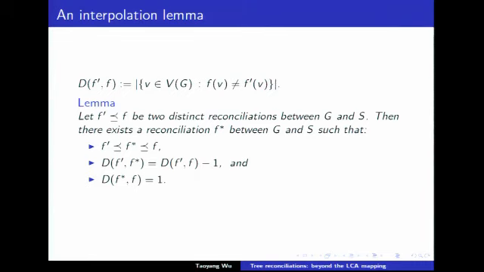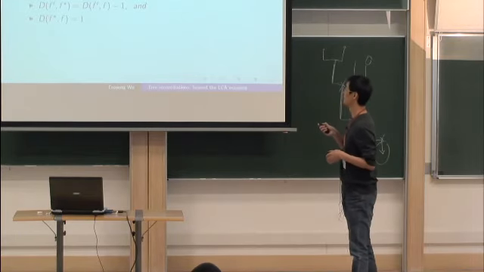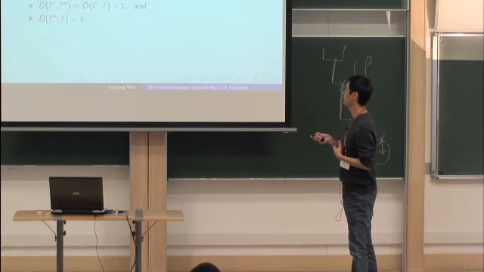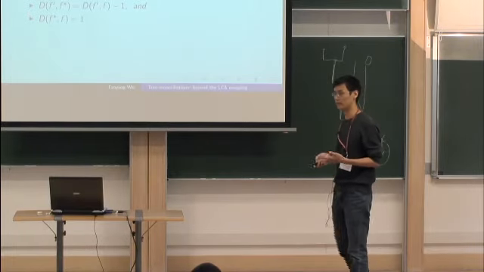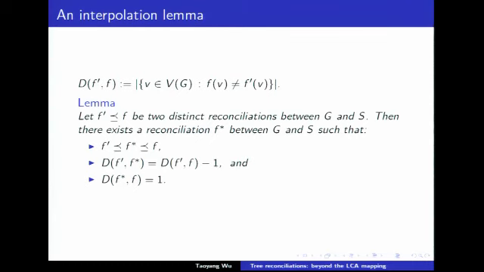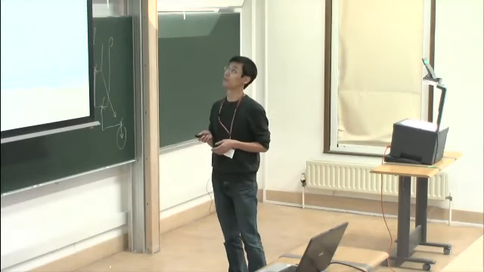And the nice thing is that if F prime is smaller than F, then we can find another F star between them, such that F star and F have distance 1. There is just one different vertex. So this way we can localize the previous theorem to focus on this special case. If we can establish the theorem for this special case, then it holds for the general case. And in this special case, it's relatively easy. So that's the key observation we had.